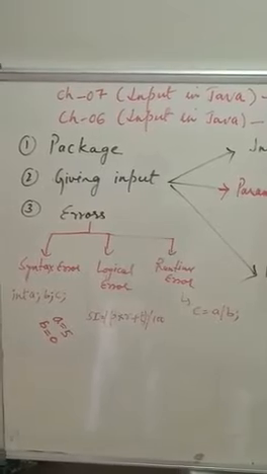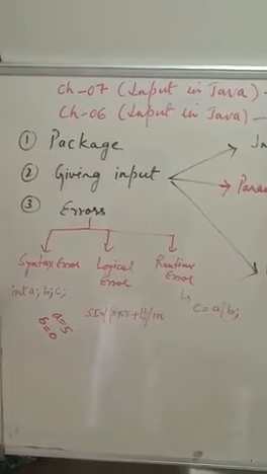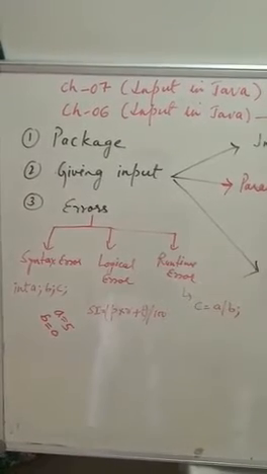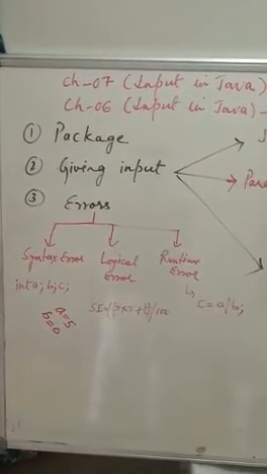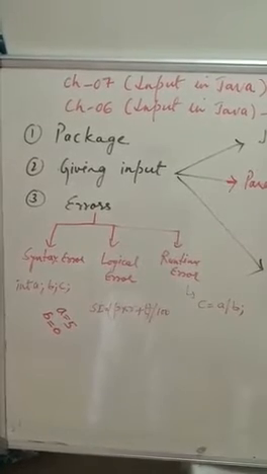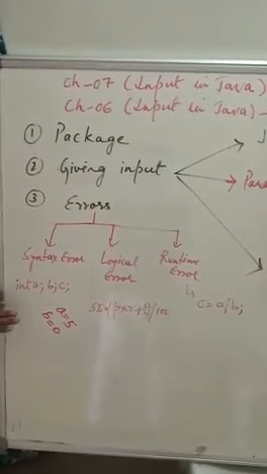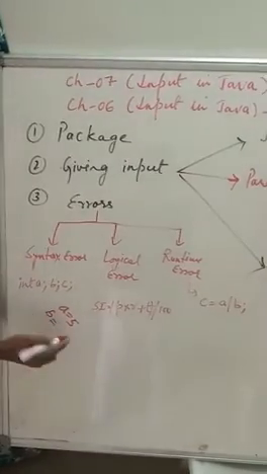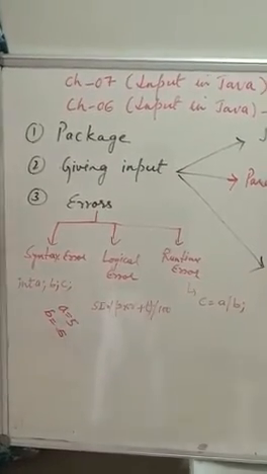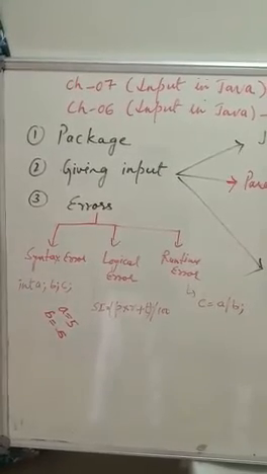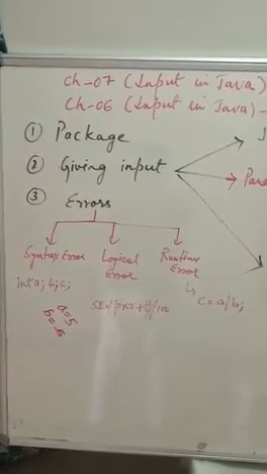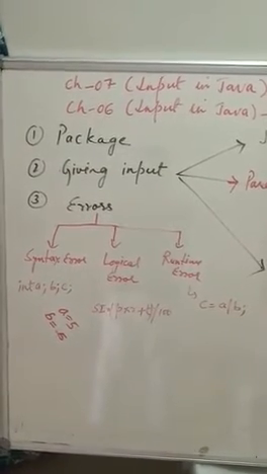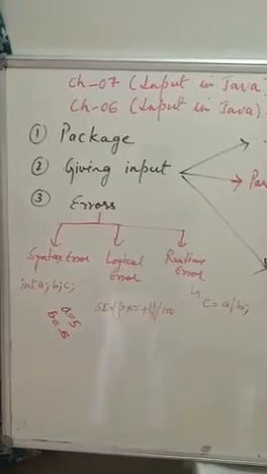In mathematics it would give infinity, but infinity is not handled by the computer, so it will generate an error, and this error will be generated during the runtime only, because this will not happen always. It happens based on the values entered. If somebody enters a = 5 and b = 5, then this formula is correct and it will give the correct result. So it all depends on the values we enter during the runtime. The errors which are generated during the runtime are known as runtime errors.